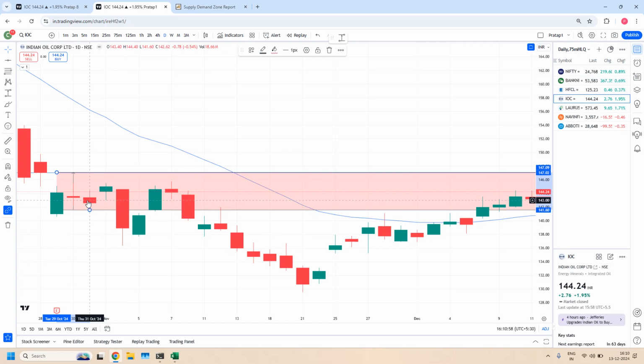I have explained in lesson 4 all the 4 patterns. At the time, which pattern you have to use the highest wick of the leg-in candle, you already learned in lesson 4.